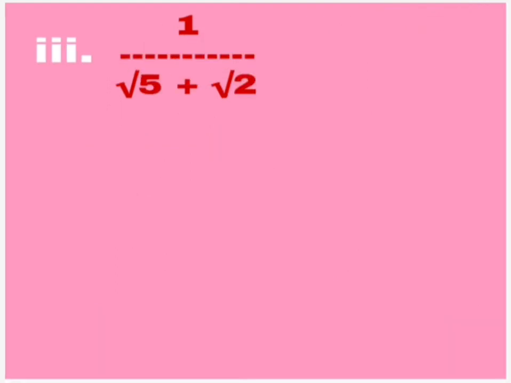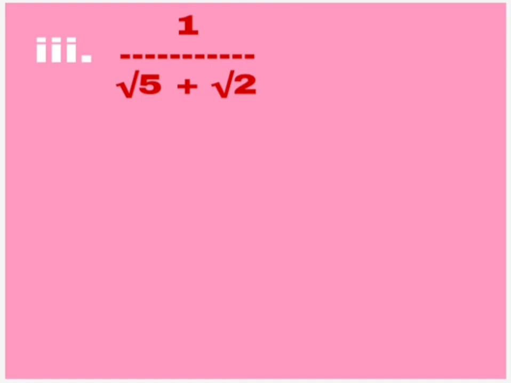Okay. Next, the third question, 1 by root 5 plus root 2. Again we have a binomial term in the denominator, right? Whenever we have a binomial term in the denominator, when we are choosing the RF factor, we should take the opposite sign with the same terms.